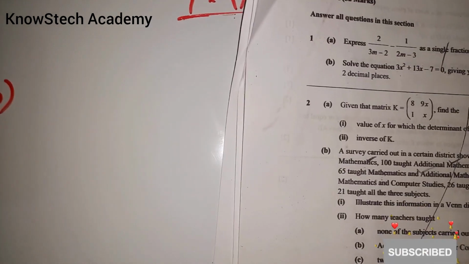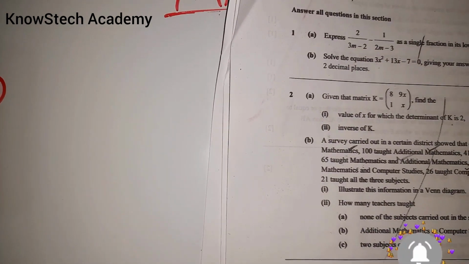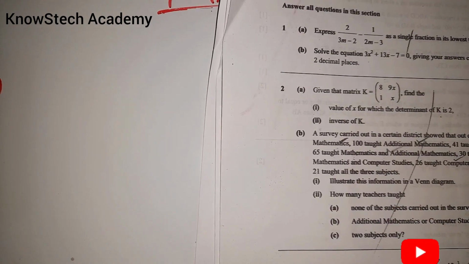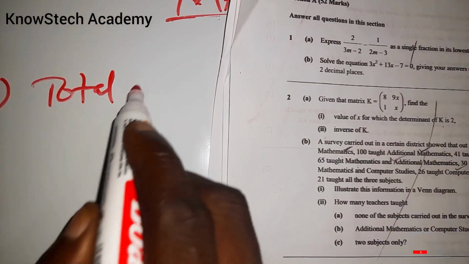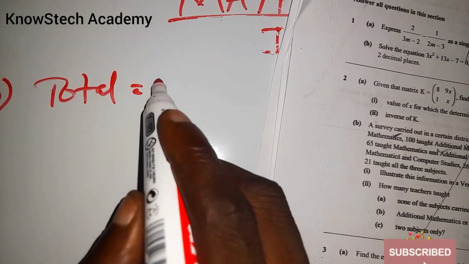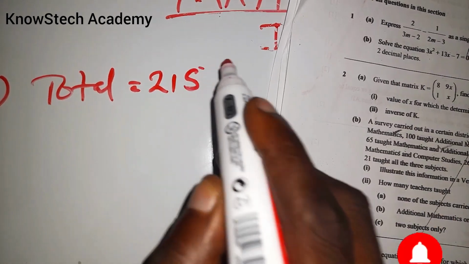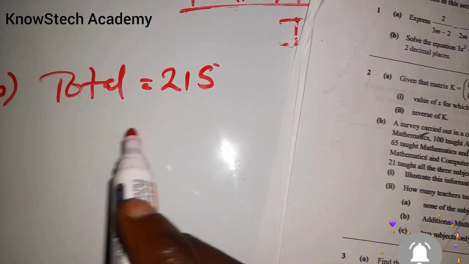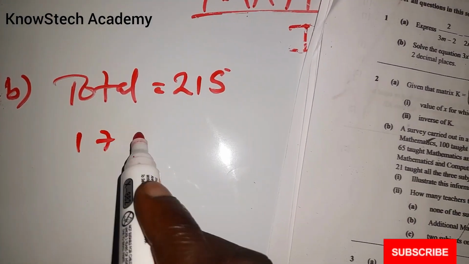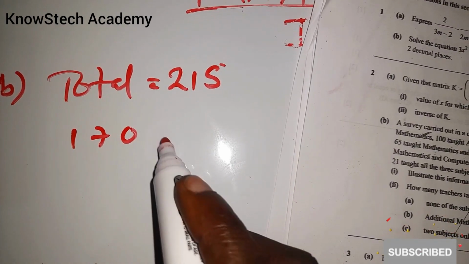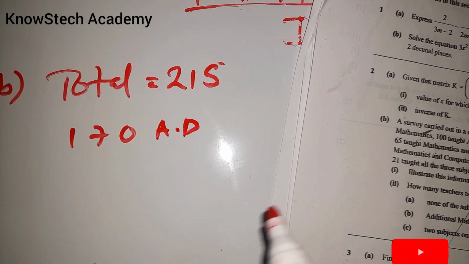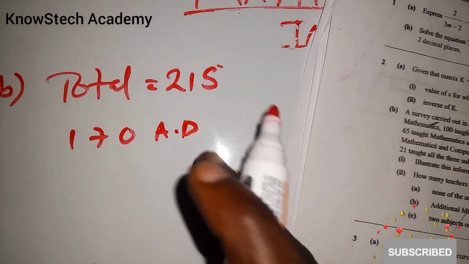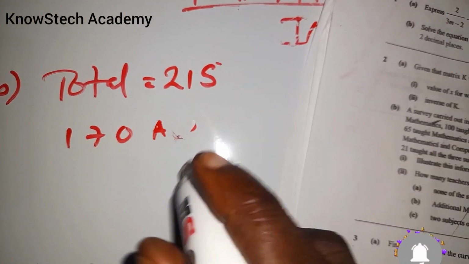A survey carried out in a certain district showed that out of 215, so total number of teachers is 215. So out of 215, 170 taught additional mathematics. Not only just additional mathematics, ADMA. Let me just write ADMA.